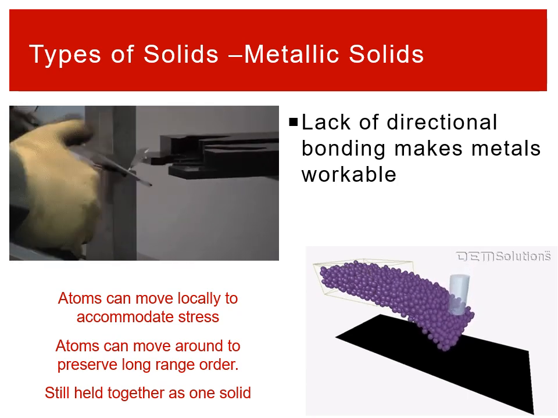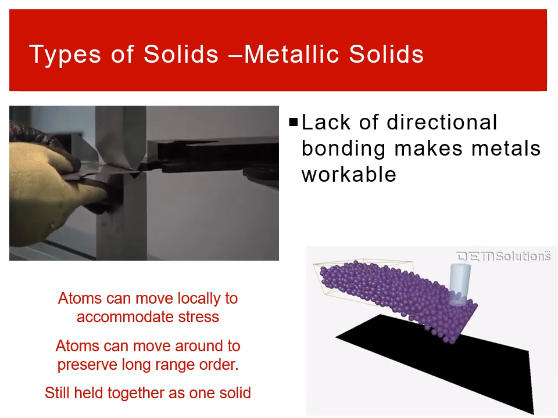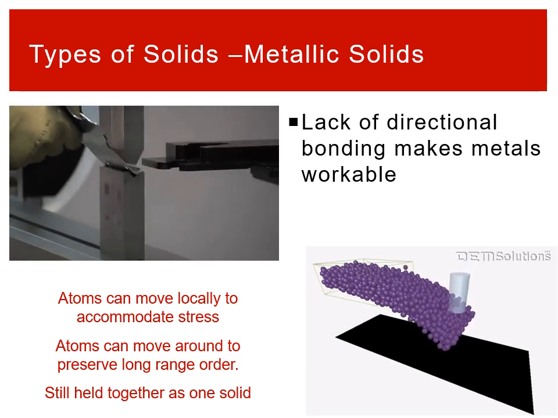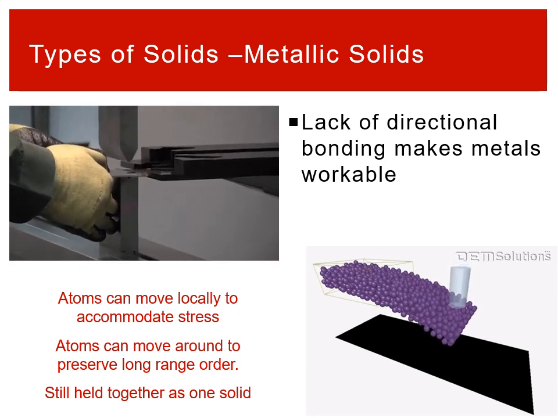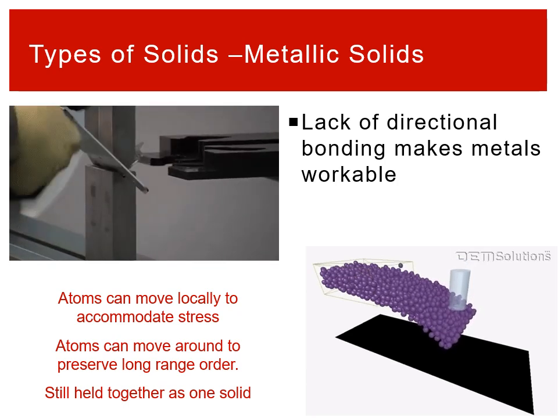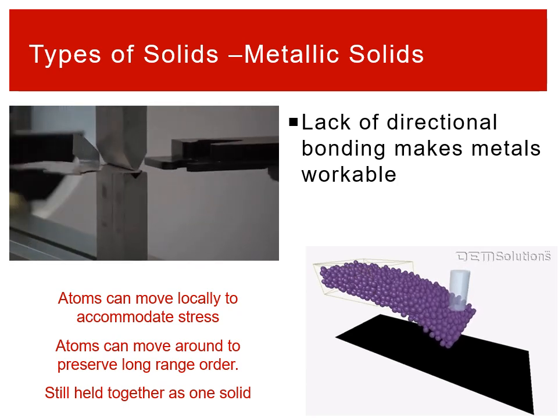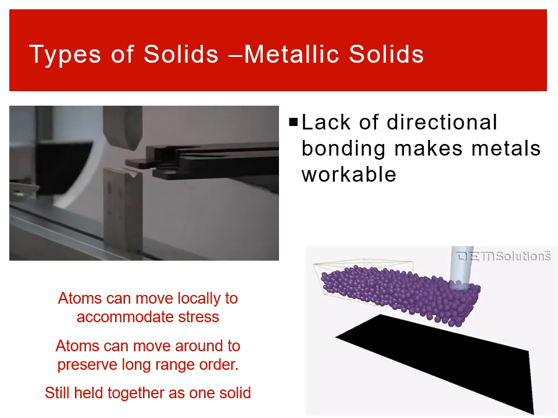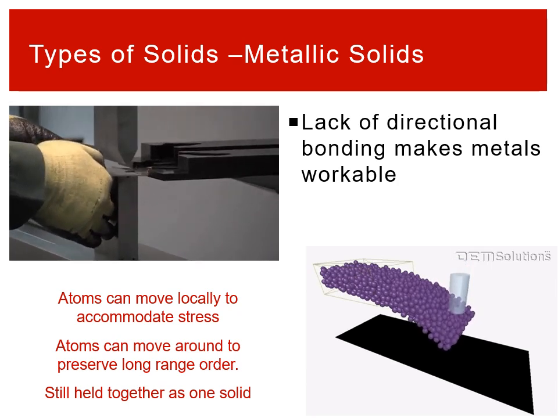So as the material starts to move and deform, atoms can shift around. Some connections between atoms, or some atoms touching each other, fall apart, so they can slide around to accommodate the stress and the deformation. That's really important in metals, and it allows for this workability. That is a unique property of metals that's really powerful.